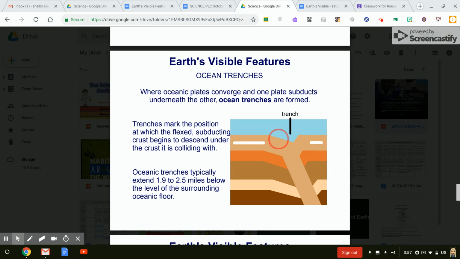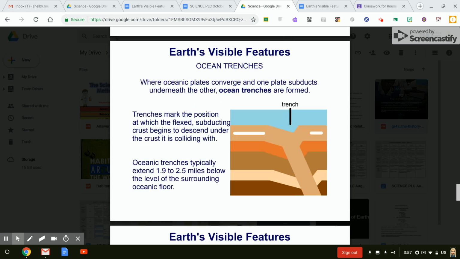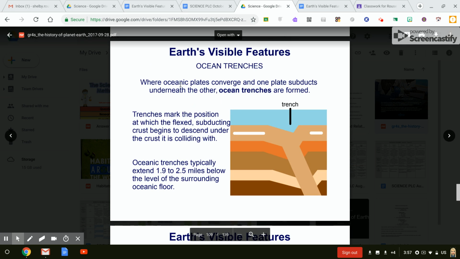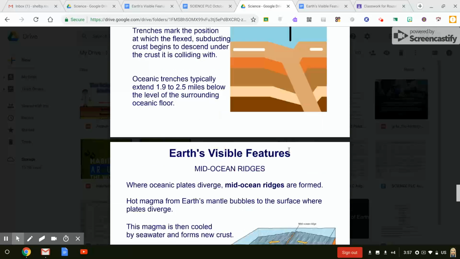It looks kind of like a little slope or a little valley underneath the ocean, and it's on the ocean floor. So that is one of Earth's visible features. And again, it's where oceanic plates converge and one happens to go underneath the other. And that's how that little divot or that space is formed.